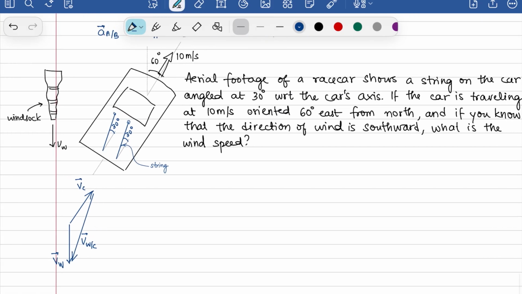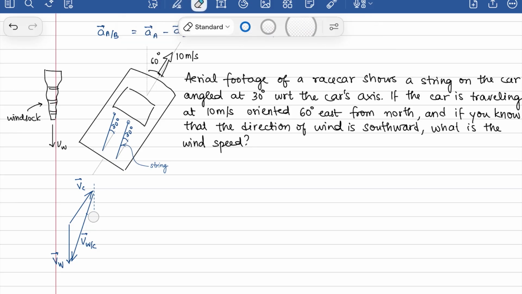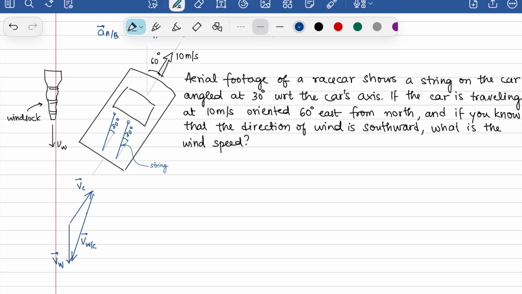And if I were to now mark the information about the angles, essentially this here is 30 degrees. Well, actually, to be more precise, this here is 30 degrees, right?